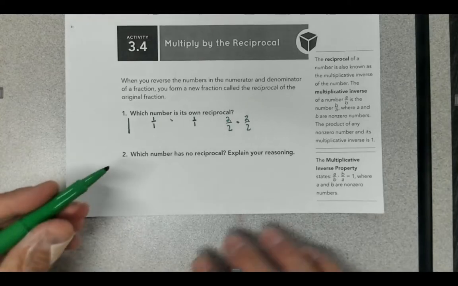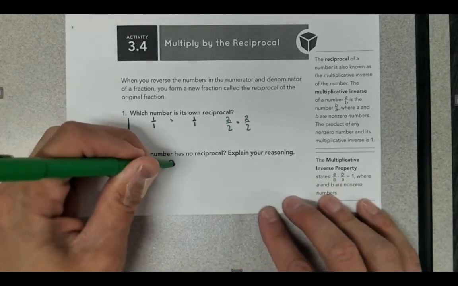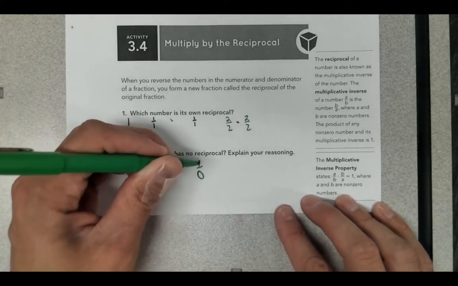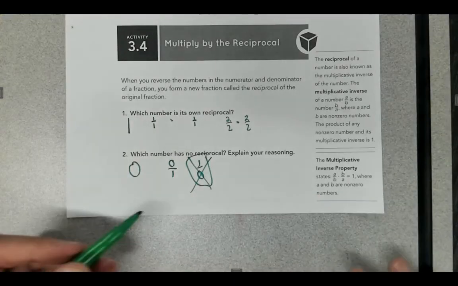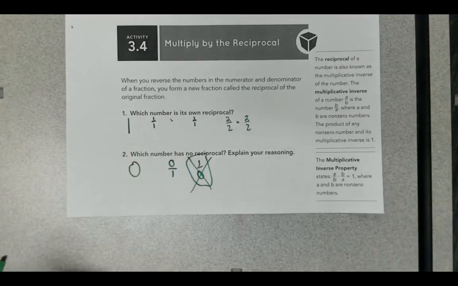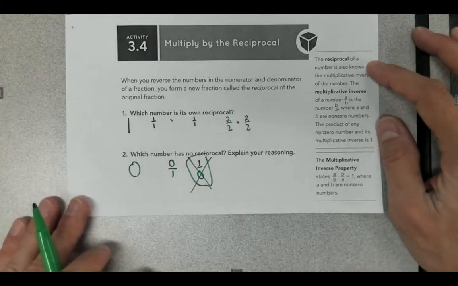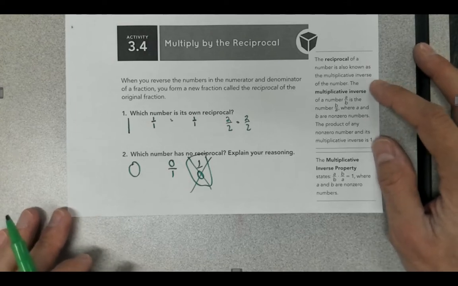Which number has no reciprocal? Explain your reasoning. 0. Because if I had 0 over 1, my reciprocal would be 1 over 0, but I can't do that. That's a no-no. If I take my calculator and I take 1 divided by 0, it comes up as impossible. Okay? On the right-hand side here, the reciprocal of a number is also known as the multiplicative inverse of the number.